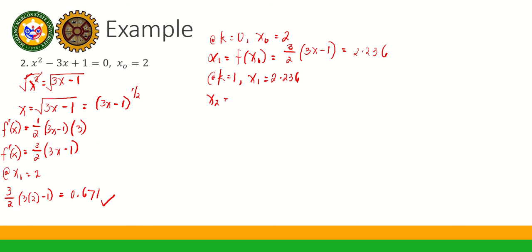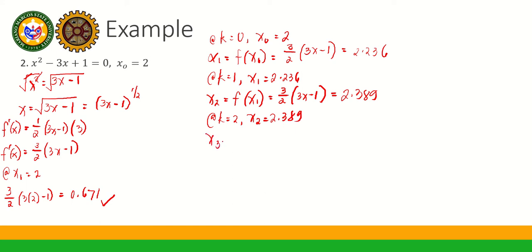Now, at k equal to 1, we have x sub 1 equal to 2.236. Then we compute for x sub 2, that is equal to f of x sub 1. And 3 over 2 times 3x minus 1 is equal to, if we plug si x sub 1 dito sa function natin, we will get x sub 2 equal to 2.389. Ayan. So at k equal to 2, x sub 2 natin will be equal to 2.389.